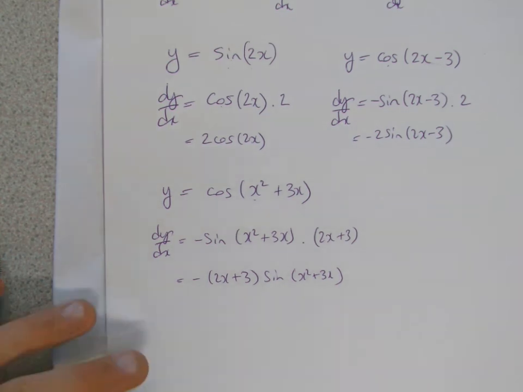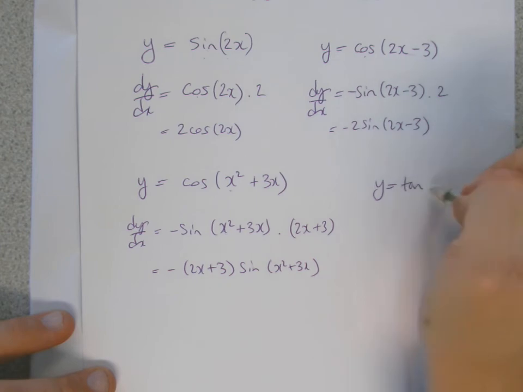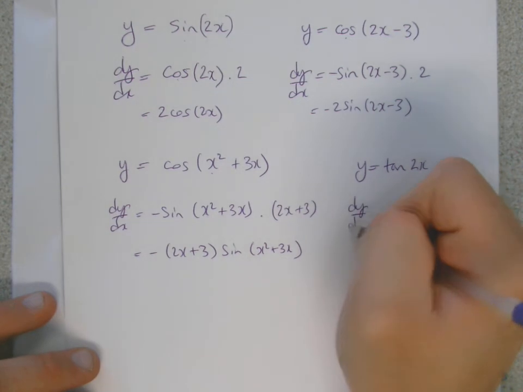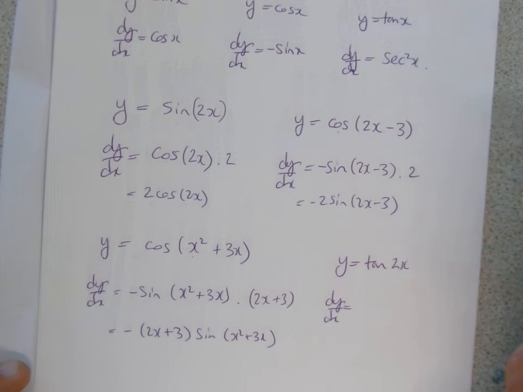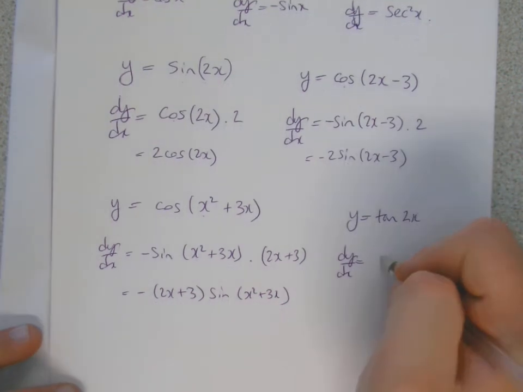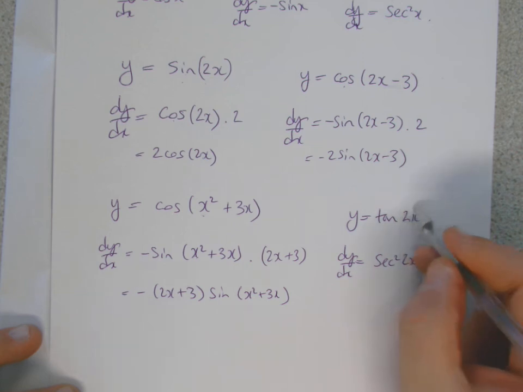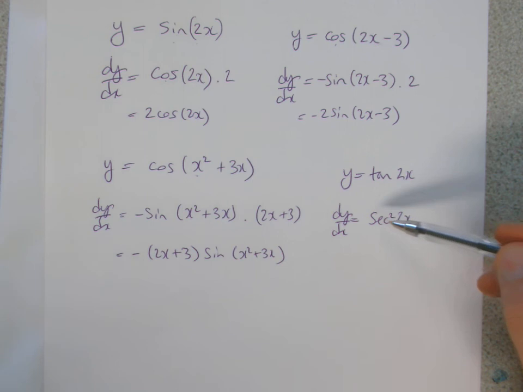Now tan x, let's just do one on that. Suppose I've got y equals tan 2x, then dy/dx. The result for tan x, remember we saw in the formula booklet, is sec squared x, so it becomes sec squared 2x. You don't have to put a bracket around it.